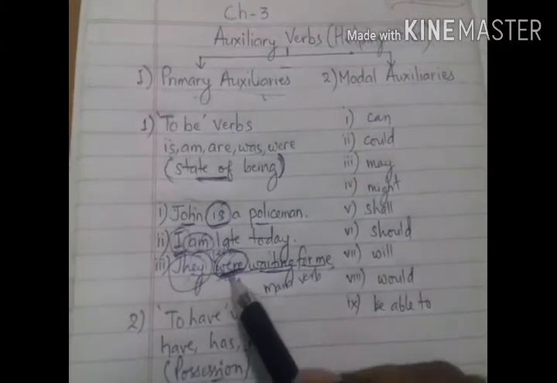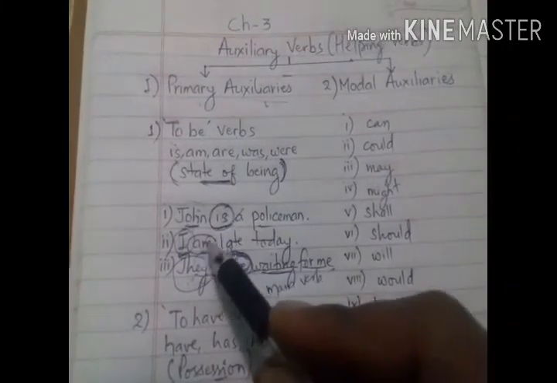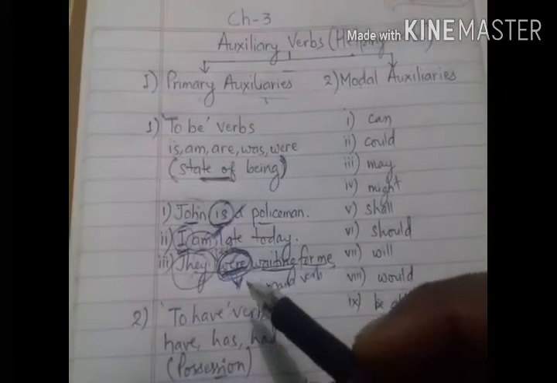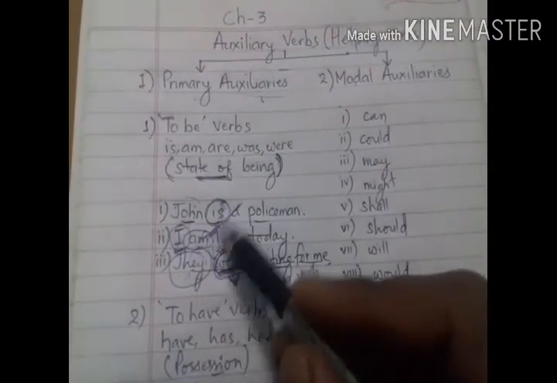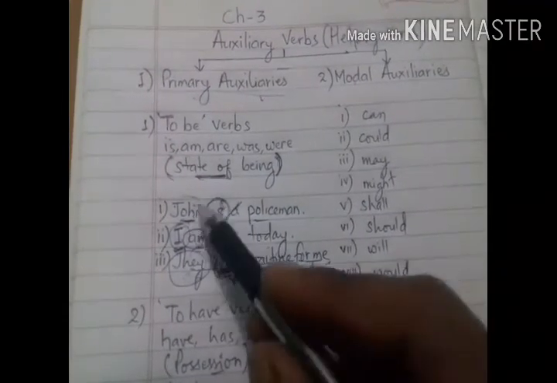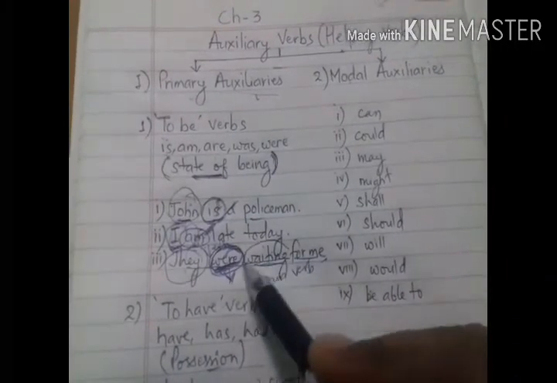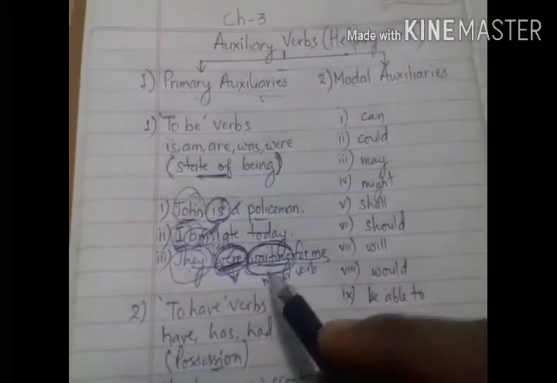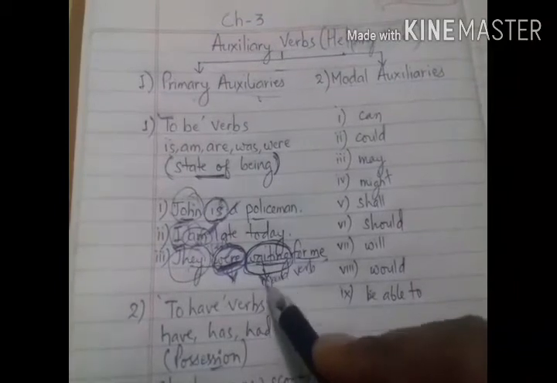Here in the third example, the to be verb is used as the helping verb, but in the first two it is used as the principal verb, showing the state of being of the subject. Here it helps the main verb to give a meaningful sense, to make a change of tense. That means here the sentence is in past continuous tense.